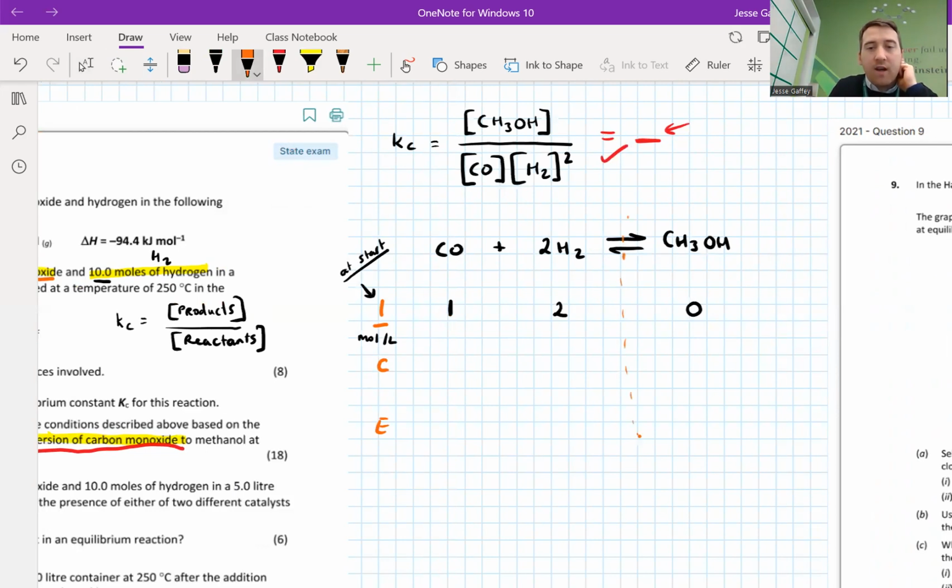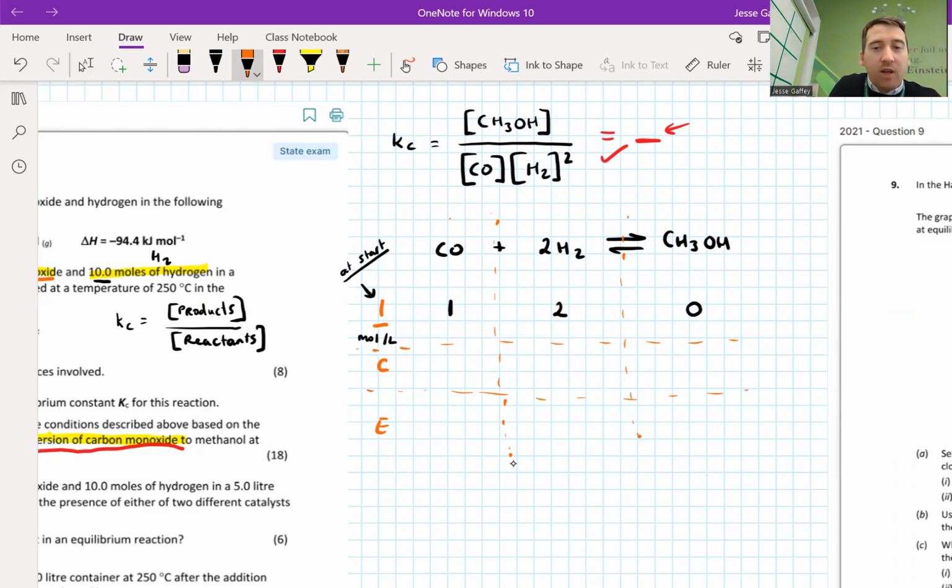Now I told you in an ICE table, we divide it up like this, so you can do that if you like, but you saw how you could have done it without dividing it down the middle, but that's fine. The change is going to be the last line that we fill out. So we're going to leave that alone for a second. Oh, well, it may and it may not actually be the last line. We might need to use it in a second, but we'll show you.